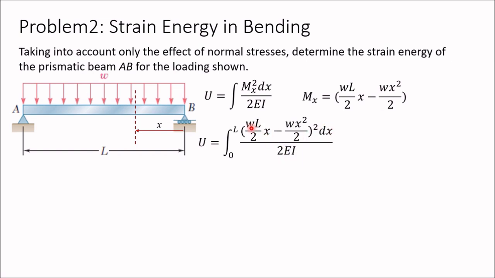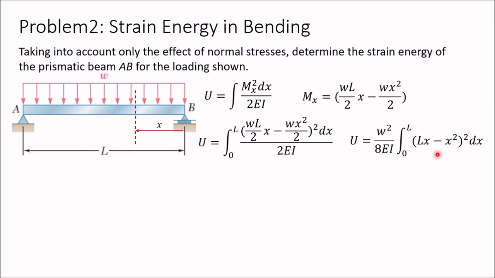Now here you can see W by 2 is common on both sides. We can take it out. Since it is squared, W² by 4 will come out. So W² by 4 into 2EI gives W² divided by 8EI. What is left is Lx minus x², the whole squared.